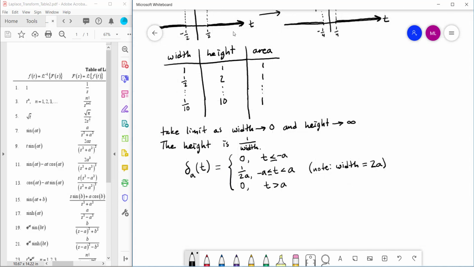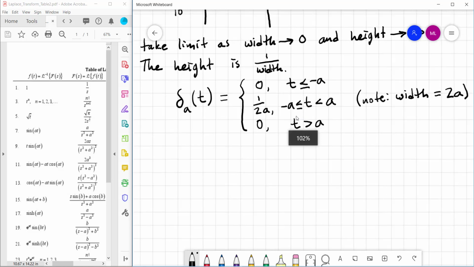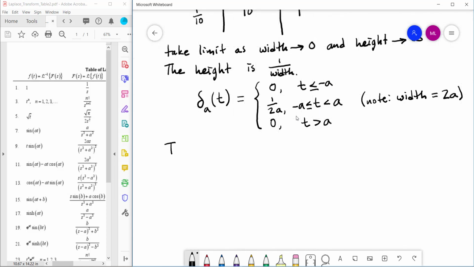Here's the picture if a is equal to 1/2. Here's the picture if a is equal to 1/4, and it always integrates to 1. What we want to do to get the actual Dirac delta function, and I should capitalize it, it's a proper name after a French guy named Dirac, is take a limit.